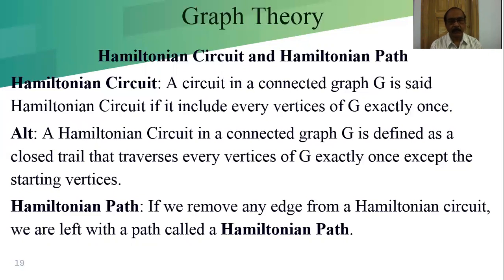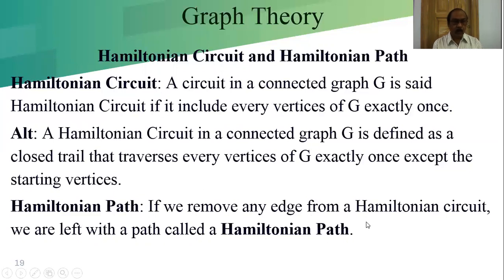Hamiltonian path. That means a circuit which contains all the vertices of a graph is known as the Hamiltonian circuit. Or Hamiltonian path: if we remove one edge from the circuit, then we will get a path. If we remove any edge from a Hamiltonian circuit, we are left with a path called a Hamiltonian path.